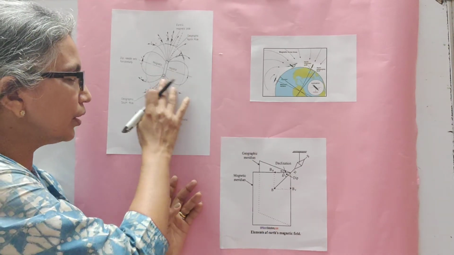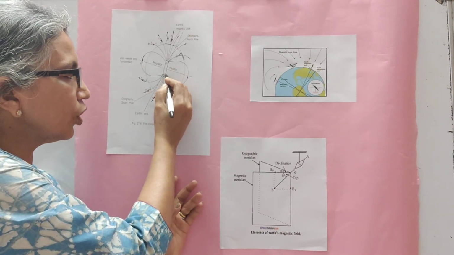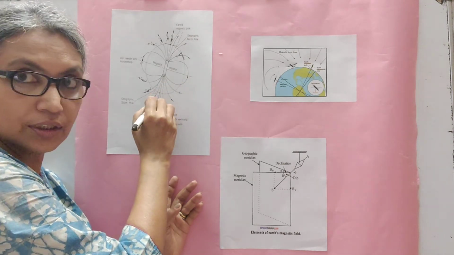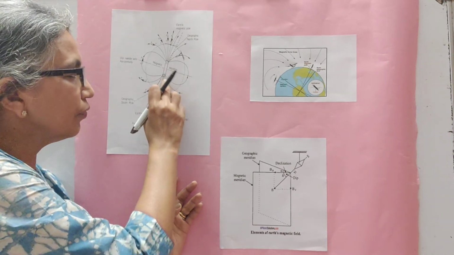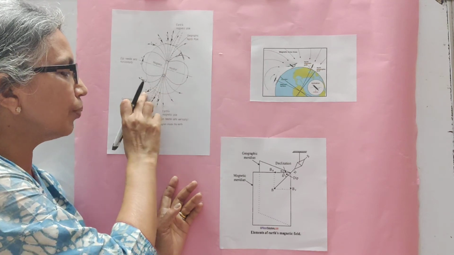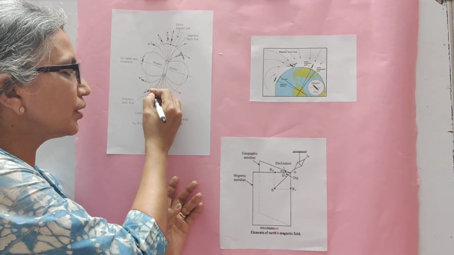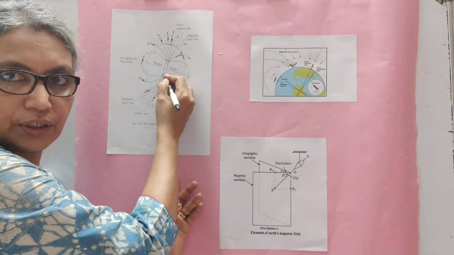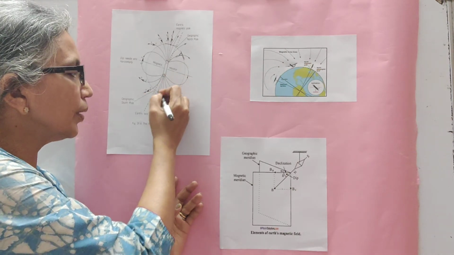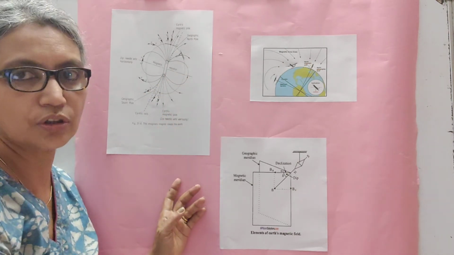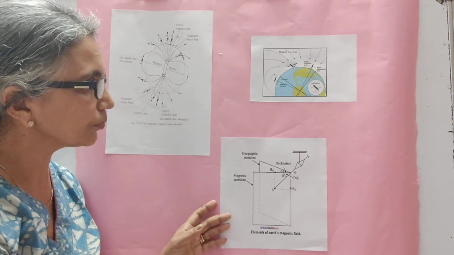But if you come to the southern hemisphere, because we have the north pole here, even though we call it the magnetic south, your magnetic needle's south tip will dip towards the surface of the earth, and how much it dips is what you call the angle of dip.